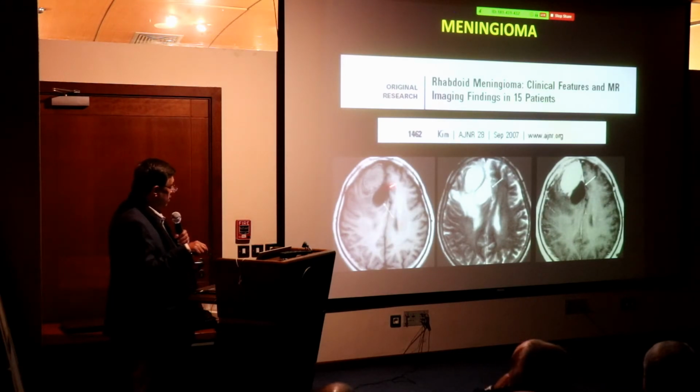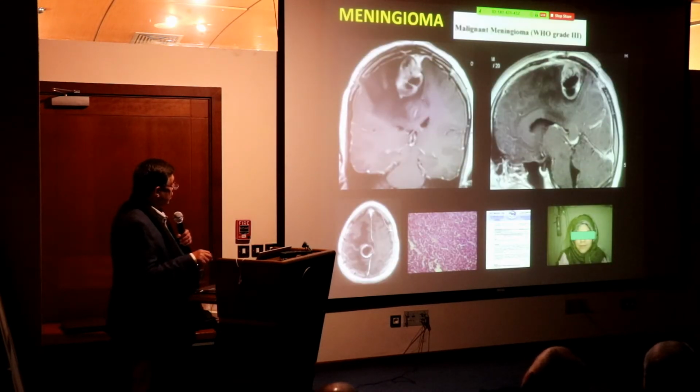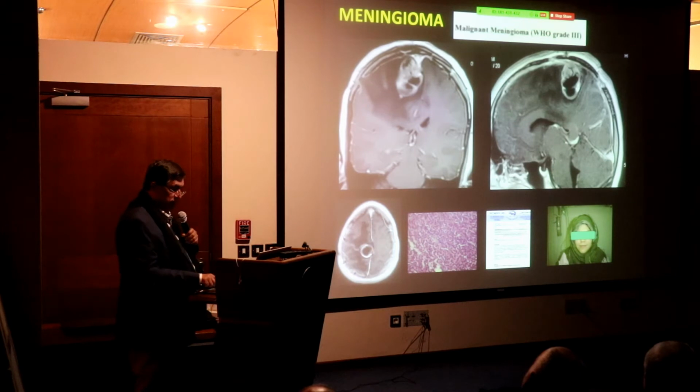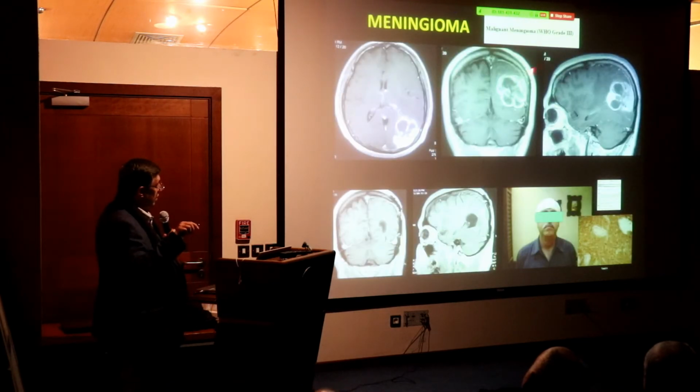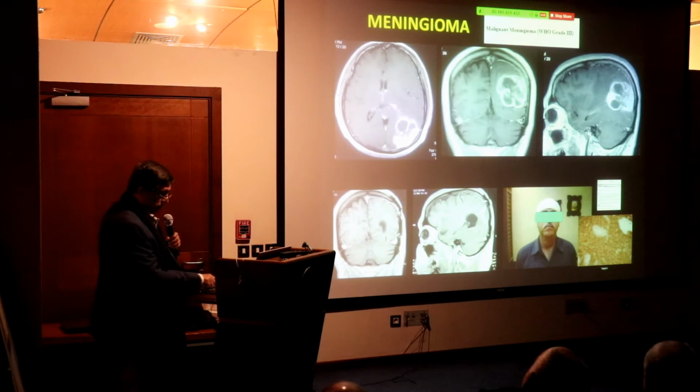Rhabdoid meningioma, not cystic rhabdoid. Again, this is a malignant meningioma, one patient of mine. Looks like the same lesion. This is histologically proven. It's not science fiction. This is post-op, so this is histologically proven. This was a meningioma.